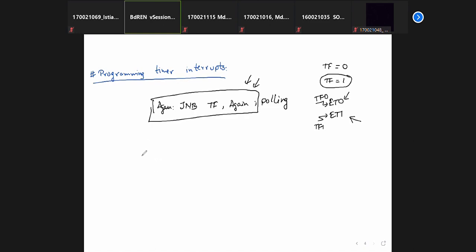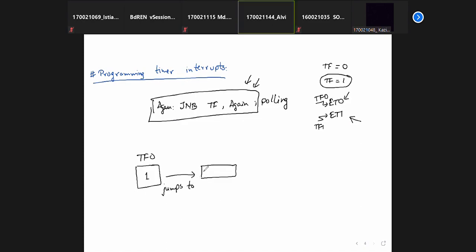That means normally the value of TF0 is 0, but if TF value becomes 1, it will invoke the ET0 interrupt, or timer 0 overflow interrupt. So if that interrupt is invoked, then your MuC will jump to a particular address. Can you tell me in which address it will jump? Sir, 000B.